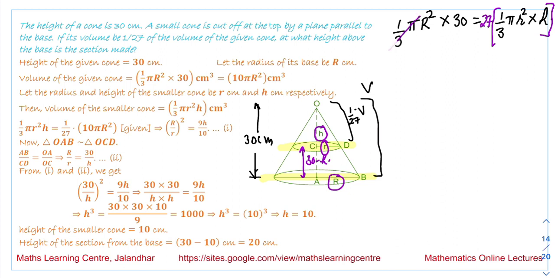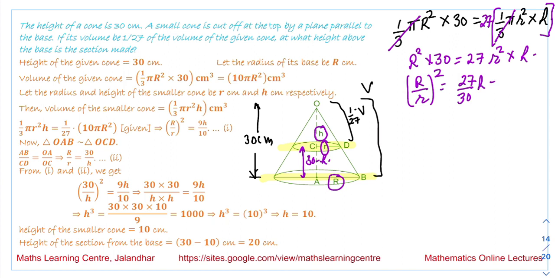So this pi by 3 gets cancelled from both sides. What we are left with is capital R square into 30 equal to 27 small r square into h. So this gives us capital R by small r square is equal to 27 by 30 times h, and if we divide by 3, we are left with 9 by 10 times h.